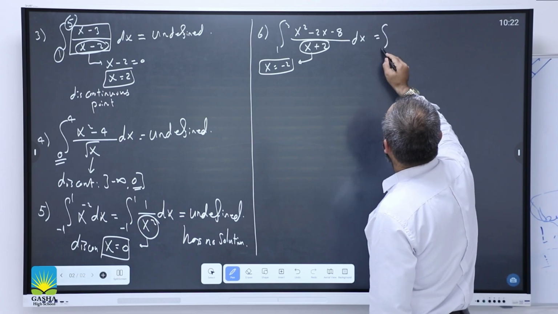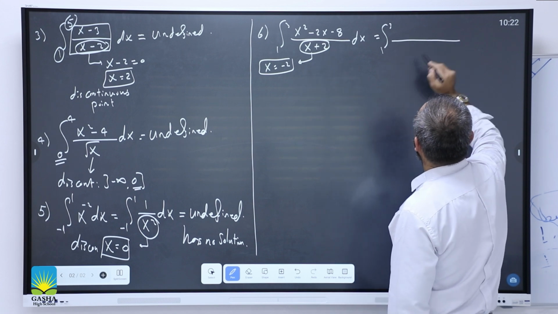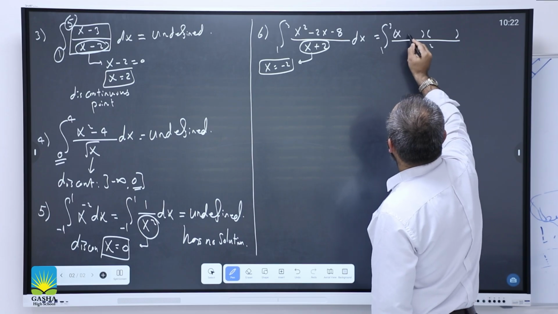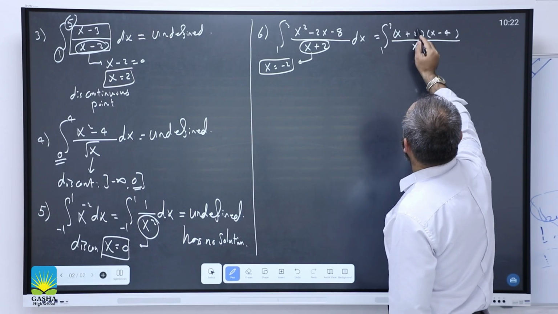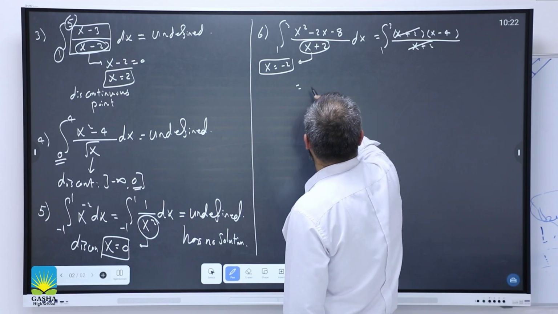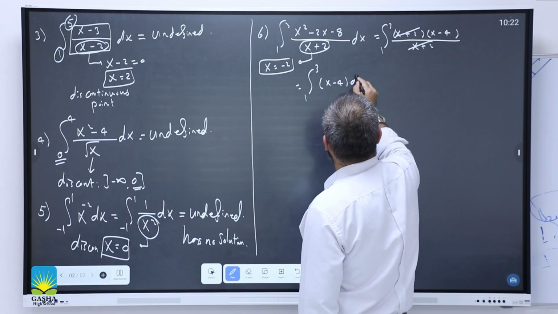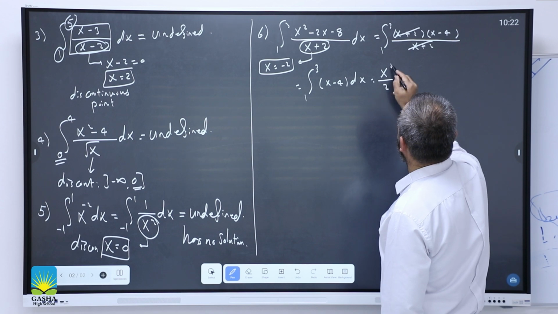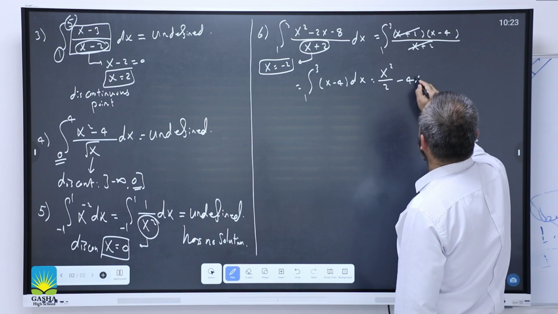How to solve this integral? We factor the numerator into two brackets, (x plus 2) and (x minus 4), right? The x plus 2 cancels, so we have the integral from 1 to 3 of x minus 4 dx, which equals the integral of x, which is x power 2 over 2, minus the integral of 4, which is 4x.